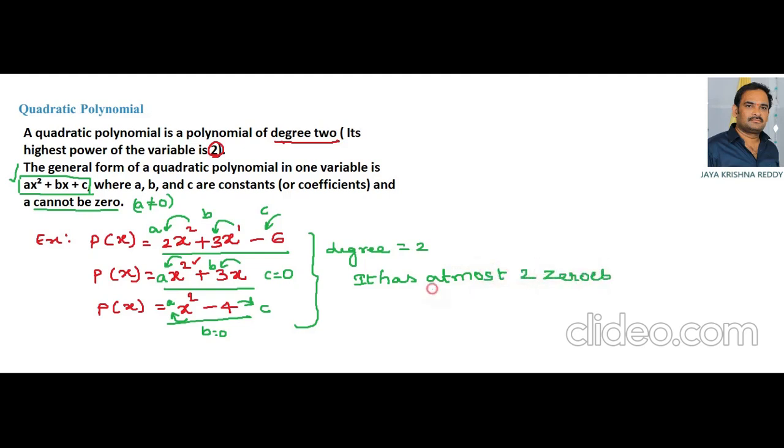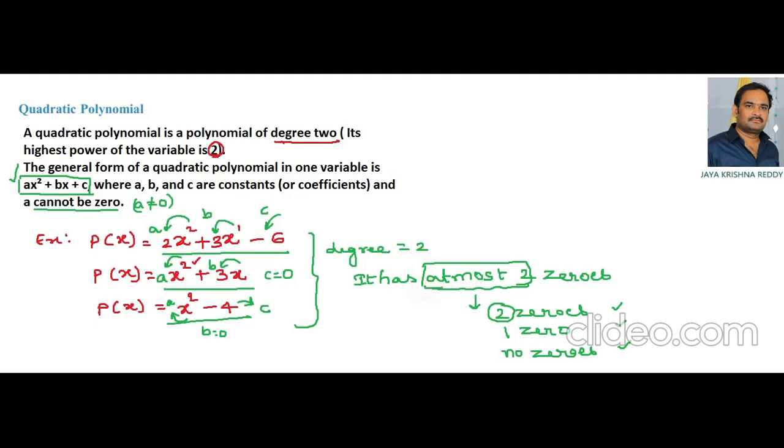Here at most 2 means the quadratic polynomial may have two zeros, or 1 zero, or no zeros. At most means the maximum value is 2. That means a quadratic polynomial will not have more than two zeros. It may have two zeros, or 1 zero, or no zeros. That's why we are saying at most two zeros.